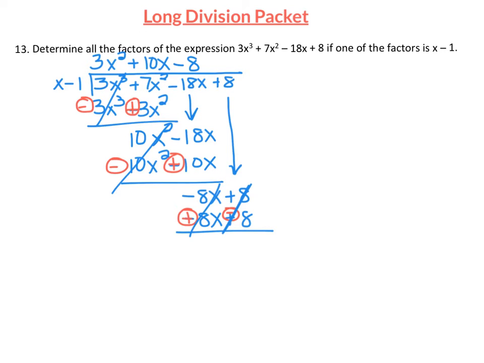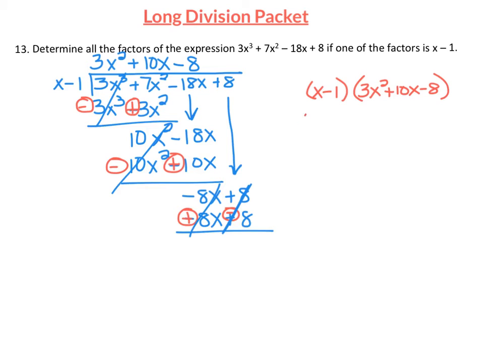So if I were to multiply x minus 1 times 3x squared plus 10x minus 8, they would give me back this original expression. So this is one factor, and this is another factor. But if you notice, this is a trinomial. This can probably be factored further.